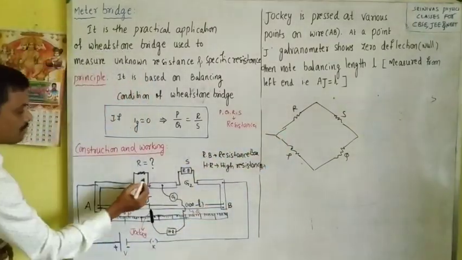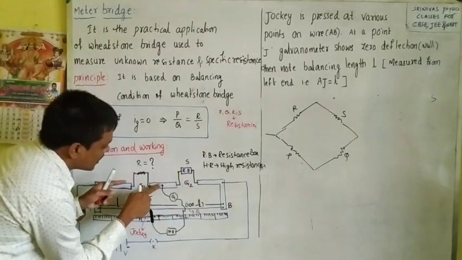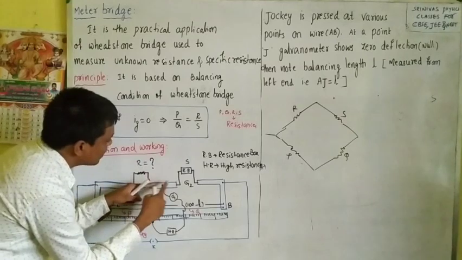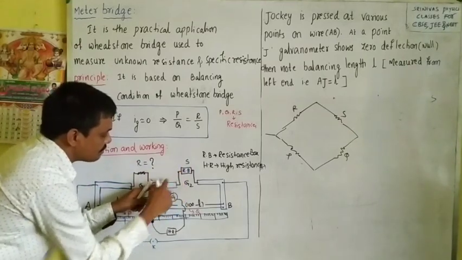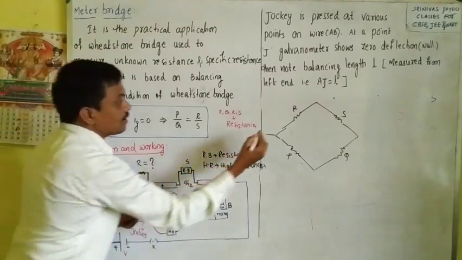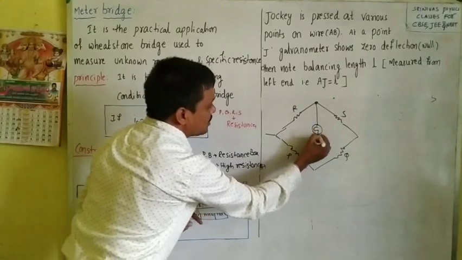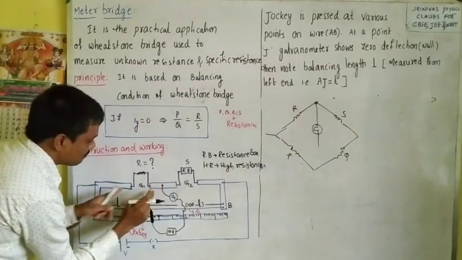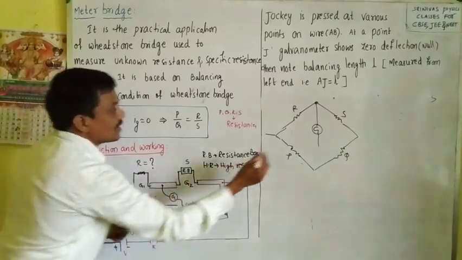Now, where R and S are meeting with each other, R coming here and S coming here, S is the resistance of the right gap. From where R and S meet, it goes to the galvanometer.